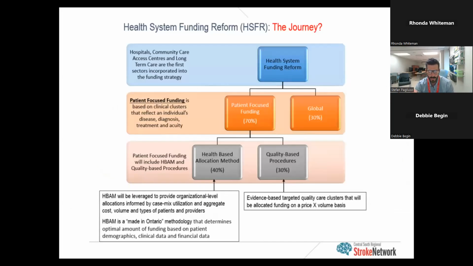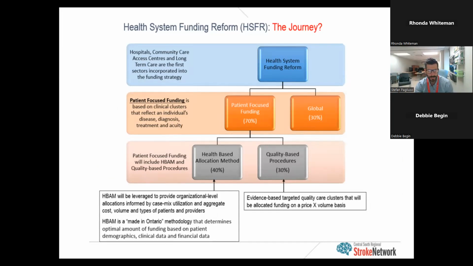As the health system went through funding reform, the budgets were broken down into 30% global funding, as previously utilized, and 70% patient-focused funding. The patient-focused funding is based on the patient population and reflects the disease, diagnosis, treatment, and acuity of that clinical cluster.